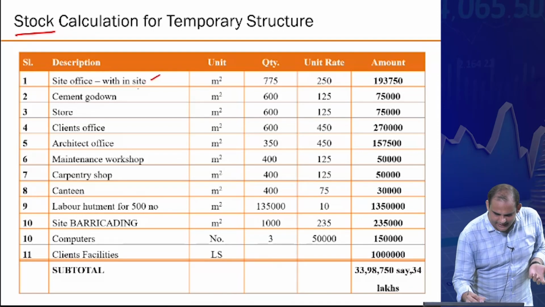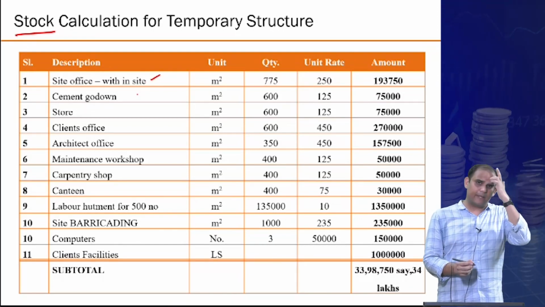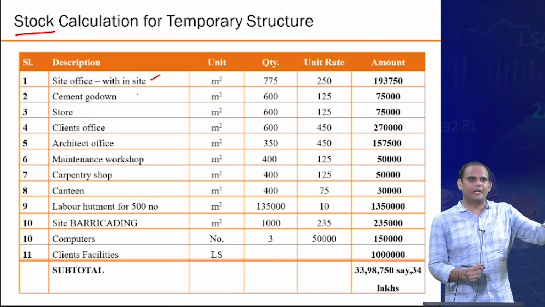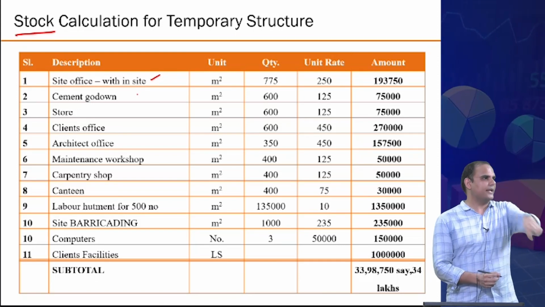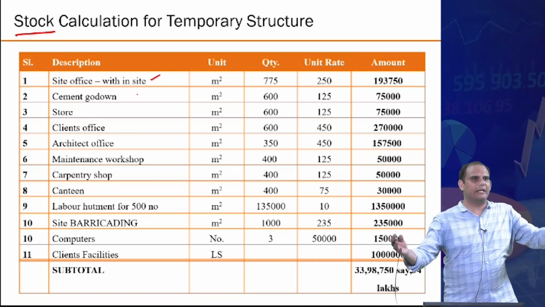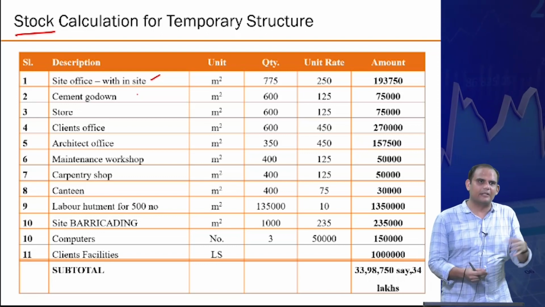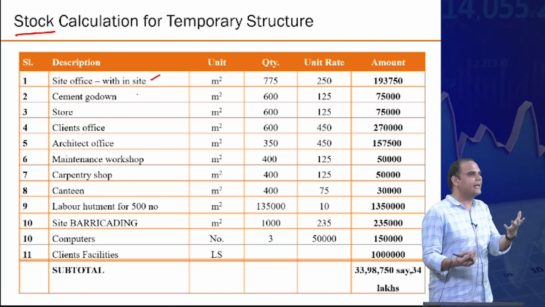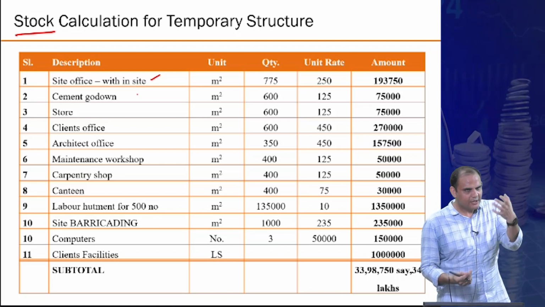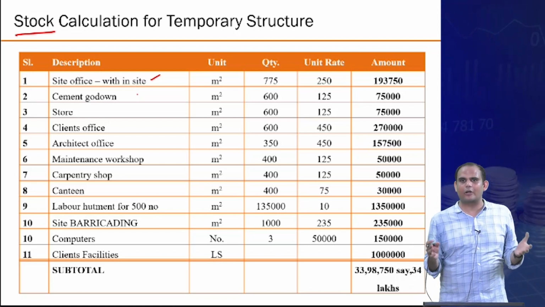Site offices are typically temporary structures which can be moved from one place to another, like those tin containers fitted with AC and all. That is not dismantled after the site. It just goes to something else. So it's owned by the company. It's an asset of the company. So all this comes as part of the stock calculation.